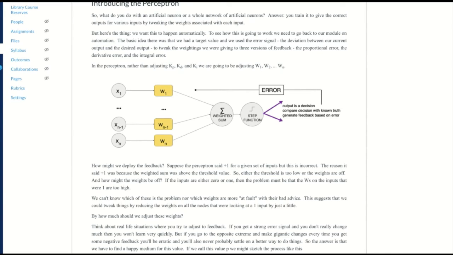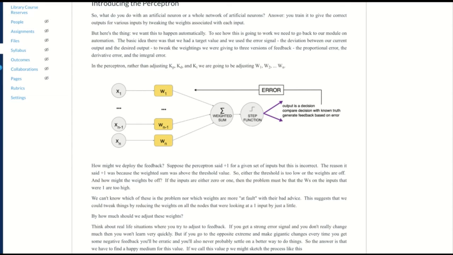And so when we're thinking about artificial intelligence, one of the things that it's kind of useful to remember is that its roots are in the same place that the roots of automation were in. That we're trying to figure out how do you create a system which can seek out the correct answer.